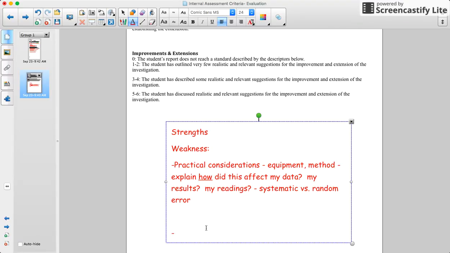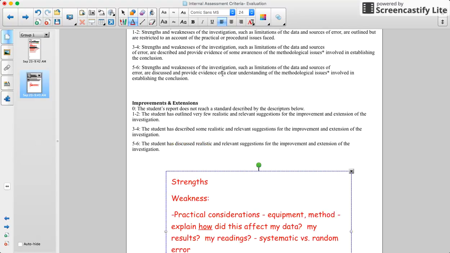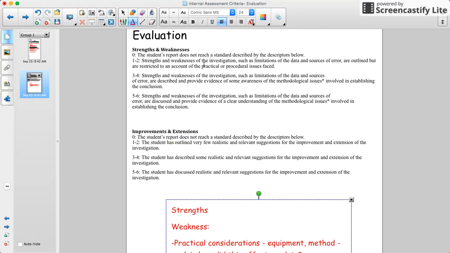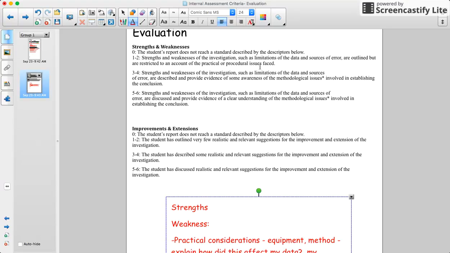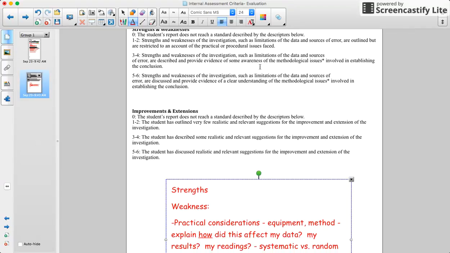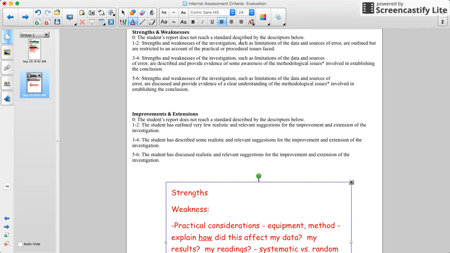But in addition to practical considerations, you can't get really above 1-2 if you only talk about practical investigations. If I look up here at the strand, if you look at 1-2, it's restricted to an account of practical or procedural issues faced. So if you only talk about your equipment and your method, you can't really get above a 1-2.